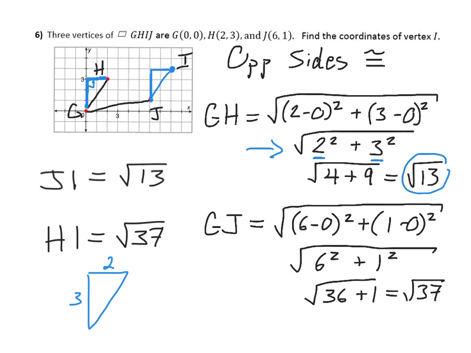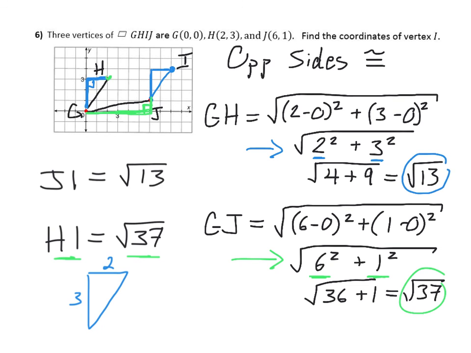Now, the other option is to focus on GJ. So for GJ, in this step, my two lengths were 6 and 1. And I can see that here on the graph with my right triangle with a base of 6 and a height of 1. Well, HI has to have the same length, that radical 37.